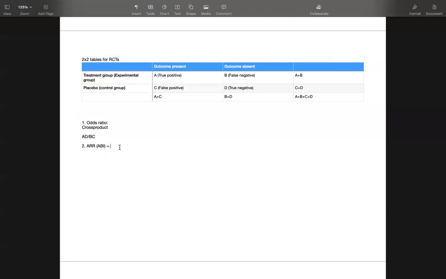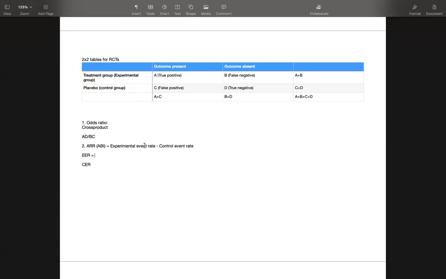So what would be the formula here for ARR or ABI? It would be the difference between experimental event rate and control event rate. Now, in order to find out the ARR, we should know what is experimental event rate, EER, and what is control event rate, CER. To find out EER, let's see the table.